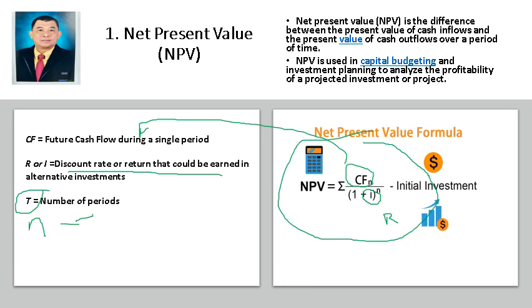Because we are considering the risk of investment, the expenses, and the time value of money. Net present value is a process to evaluate whether a certain project or business is profitable, considering all the risks.